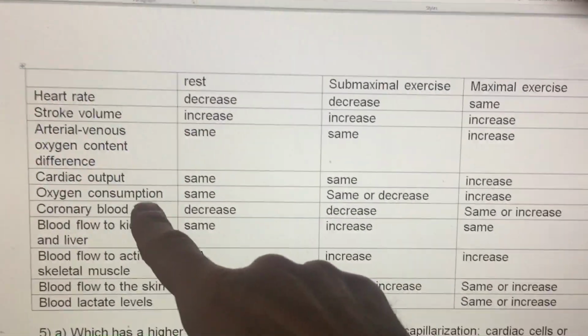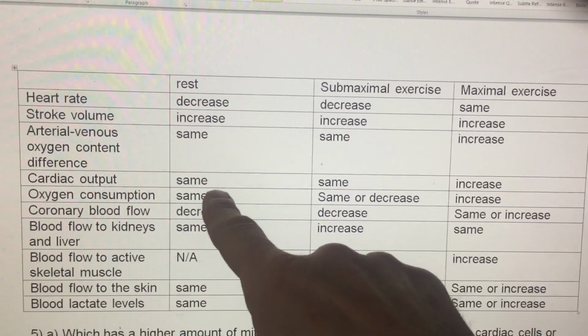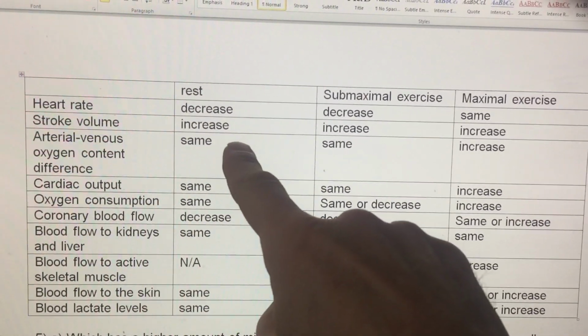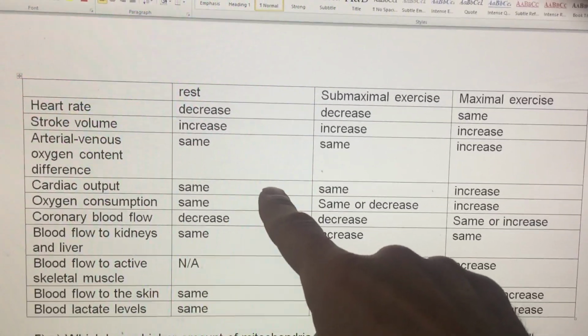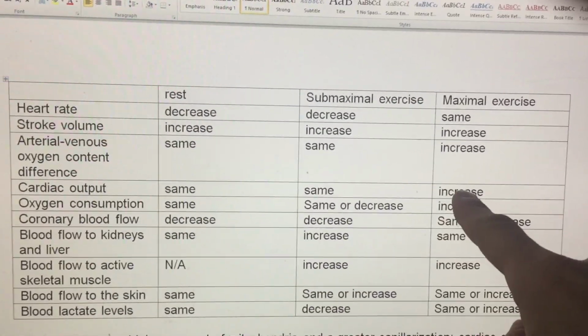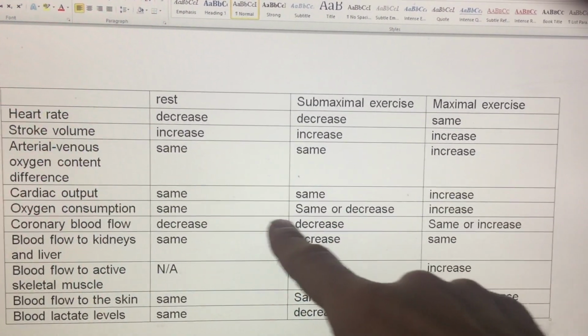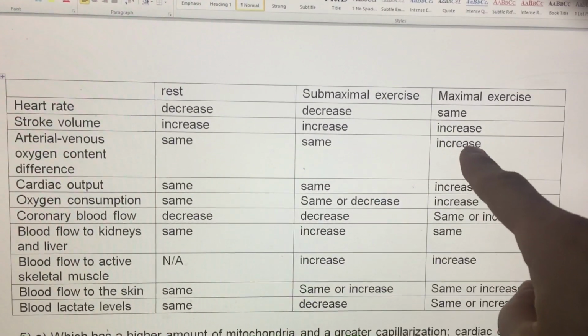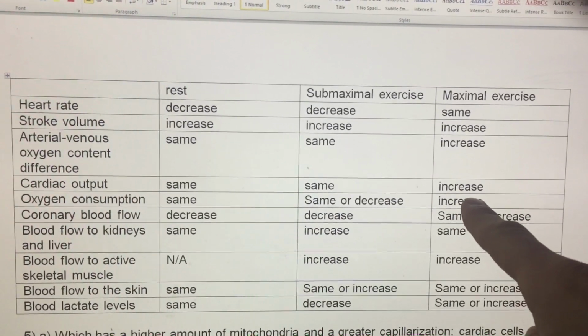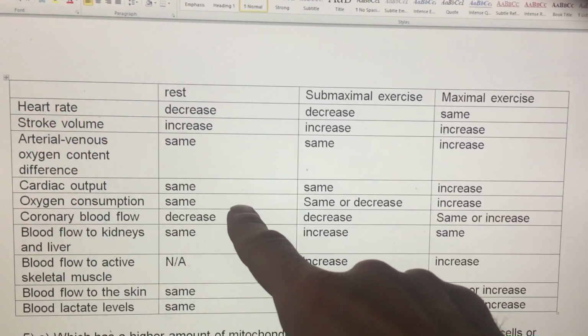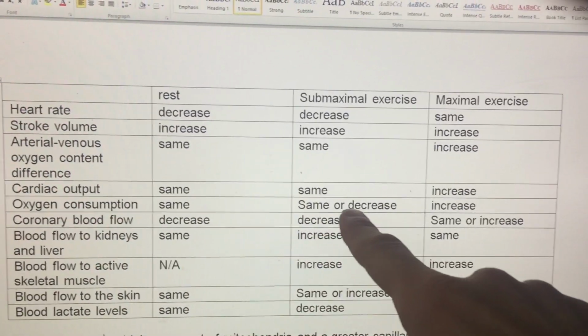Now, oxygen consumption is going to be equal to your cardiac output multiplied by your AVO2 difference. Your oxygen consumption increases at maximal exercise, whereas it stays the same at rest.